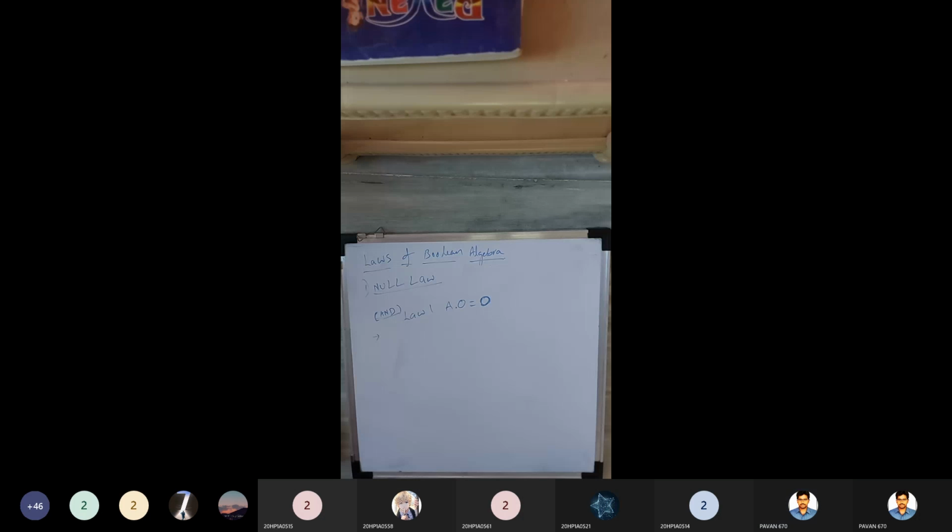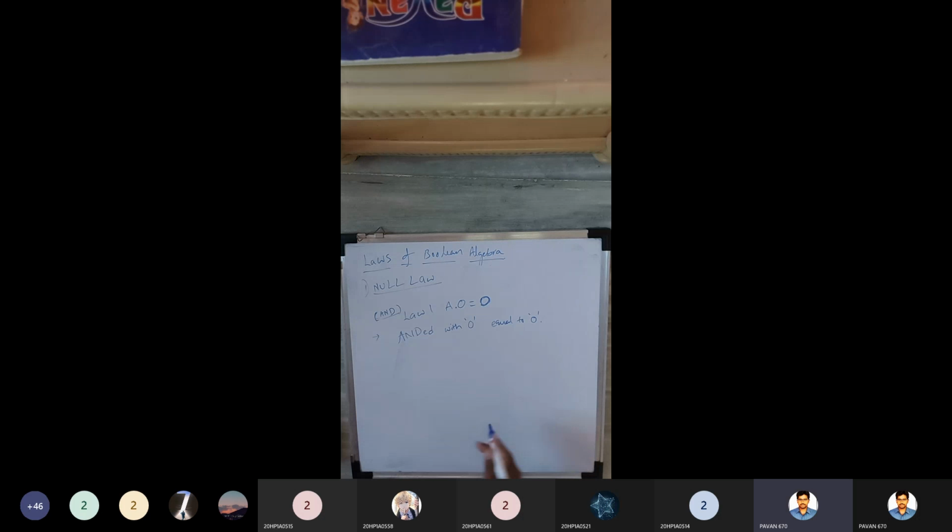This law states that a variable ANDed with 0 is always equal to 0. Here A is a variable and 0 is a value from the set.